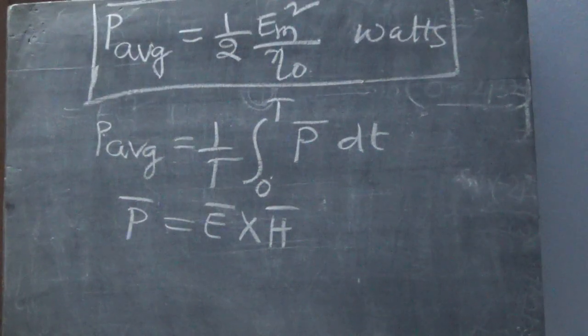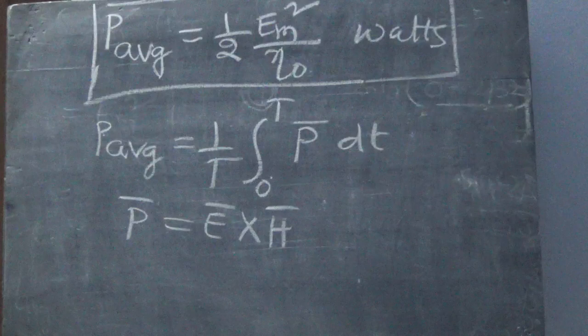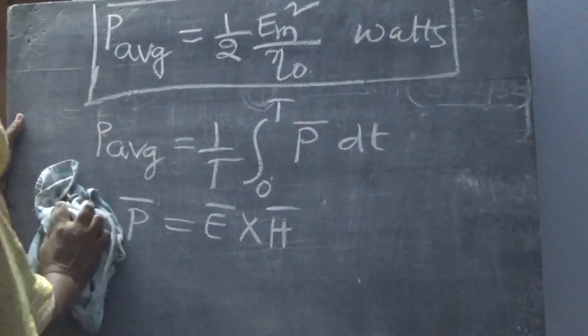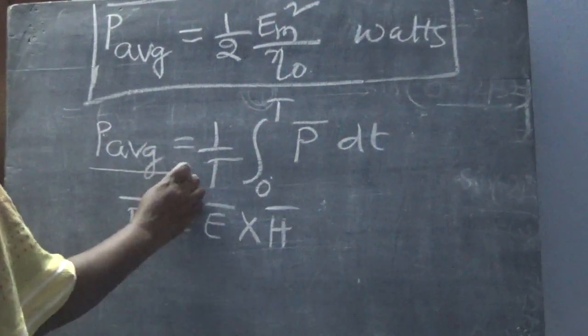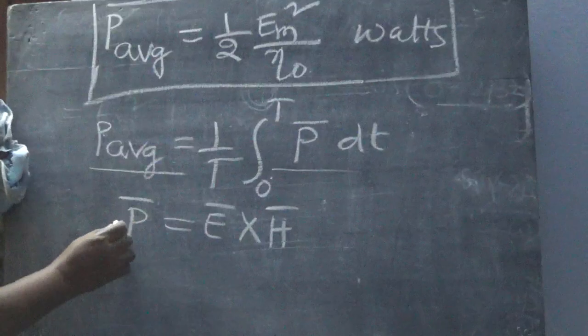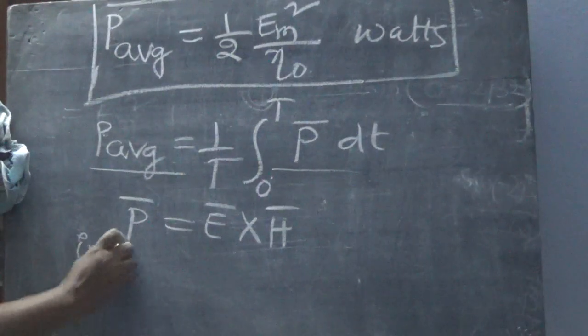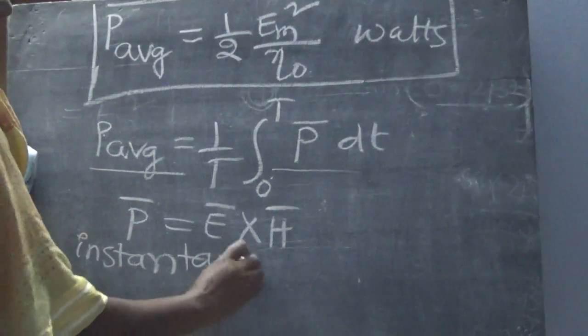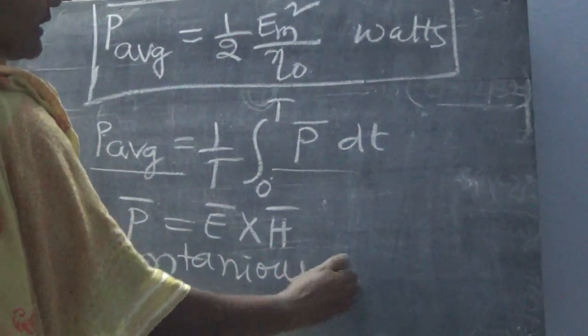So what is the next thing we are going to have? That is the complex Poynting vector. So this is the average Poynting vector, and this is the instantaneous Poynting vector.